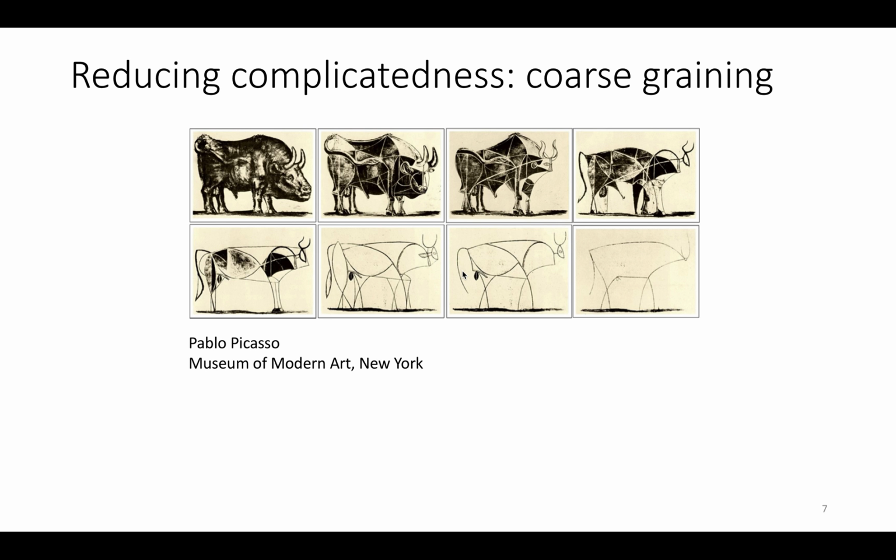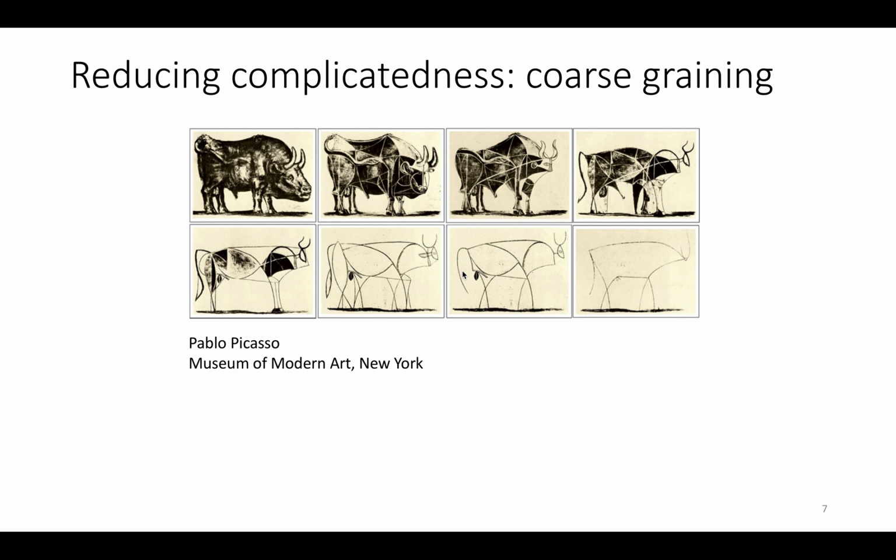So, for example, if we consider the complex system as a bull, we want to know about his grazing behavior or about his mating behavior, or maybe how groups of bulls form different patterns. But maybe we don't need to have all the information of the bull to answer these questions, so we can look at different phases of simplification.